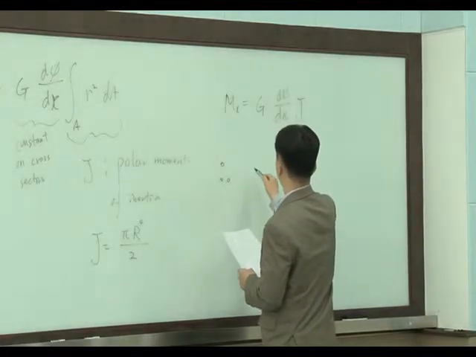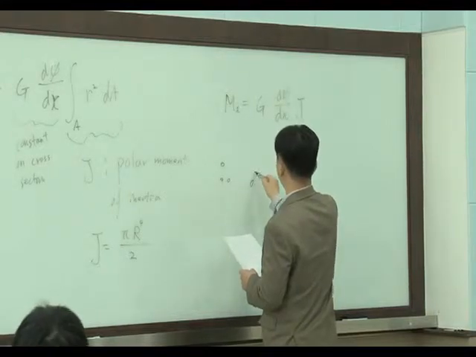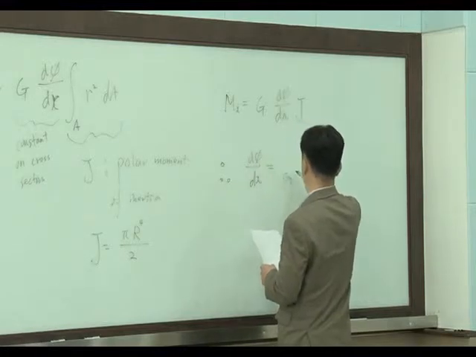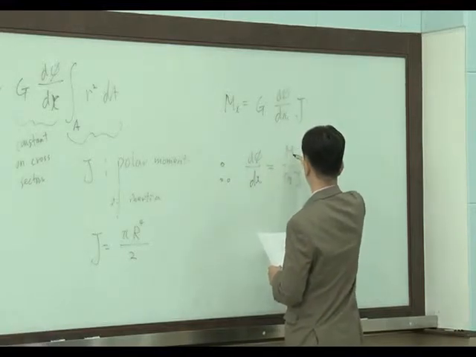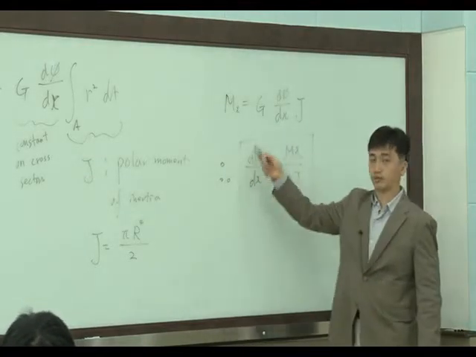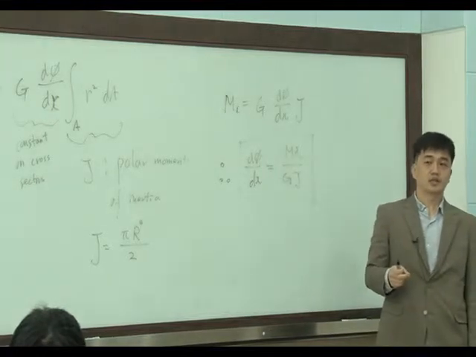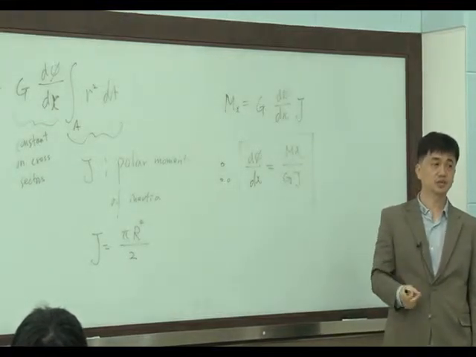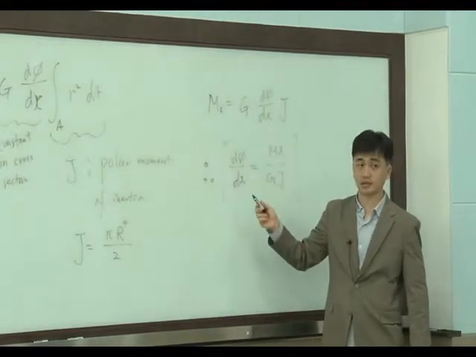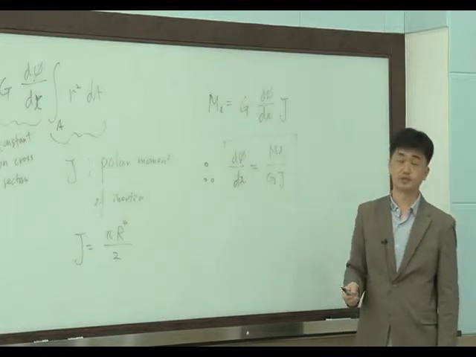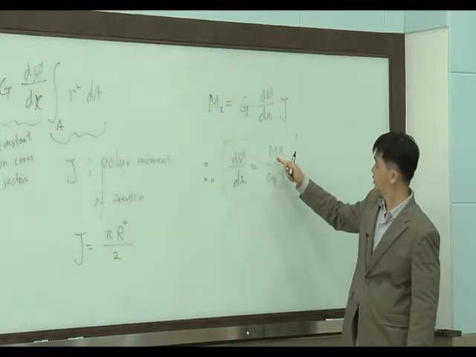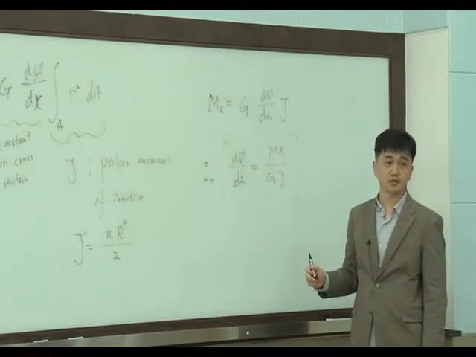And finally, dphi/dx equals Mx over G J. The left hand side is the change of twisting angle in x direction, right? This is the change of twisting angle. It is proportional to Mx over GJ, right?